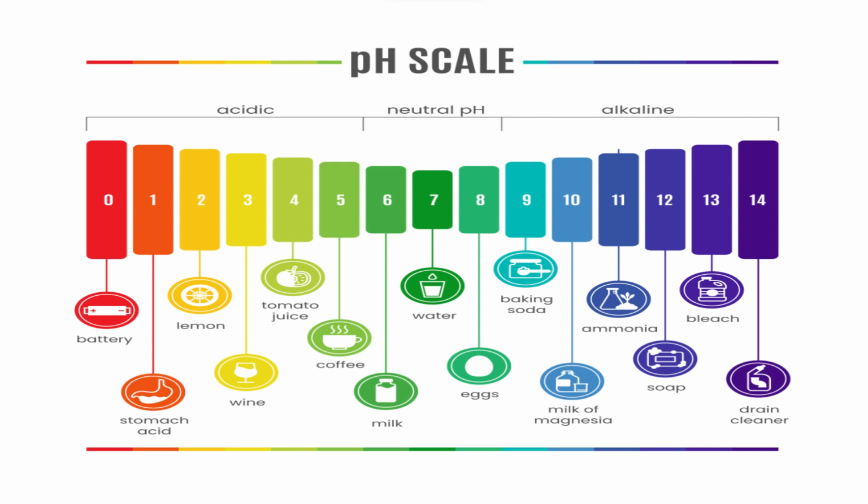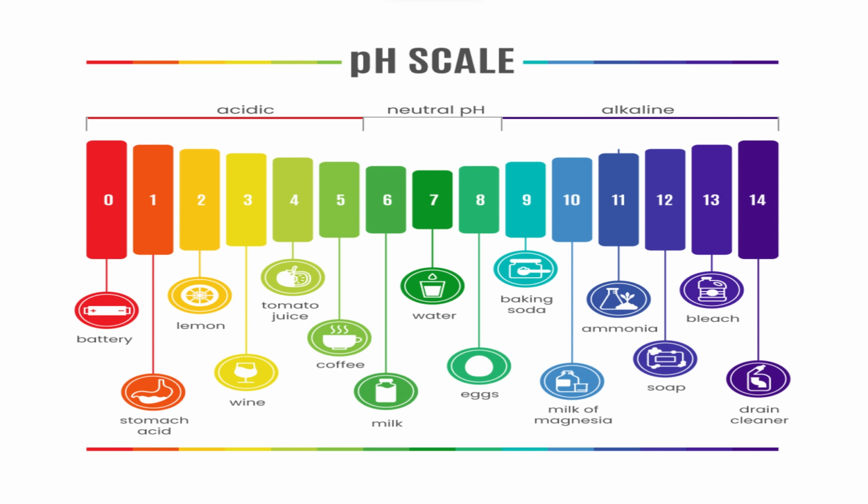We use a pH scale to measure acids and bases. This scale runs from 0 to 14. Please note that pH stands for potential hydrogen, and that's why it is a capital H and a small p. On the scale, anything above 7 is a base, and anything below 7 is an acid. The further away from 7 a substance is, the stronger the acid or the base.